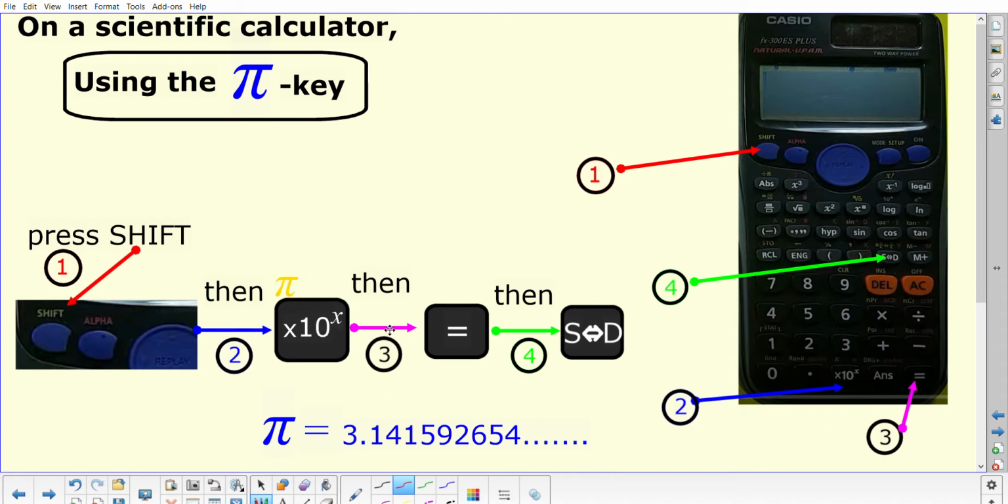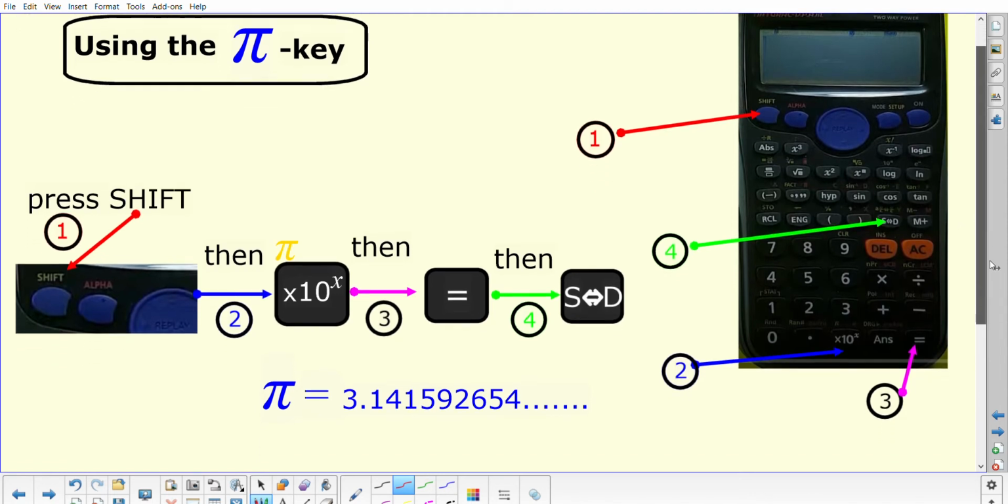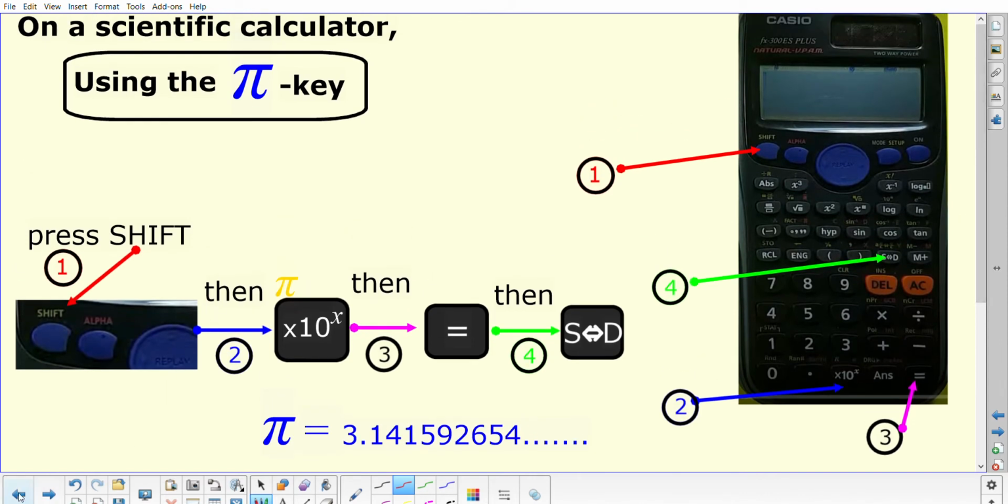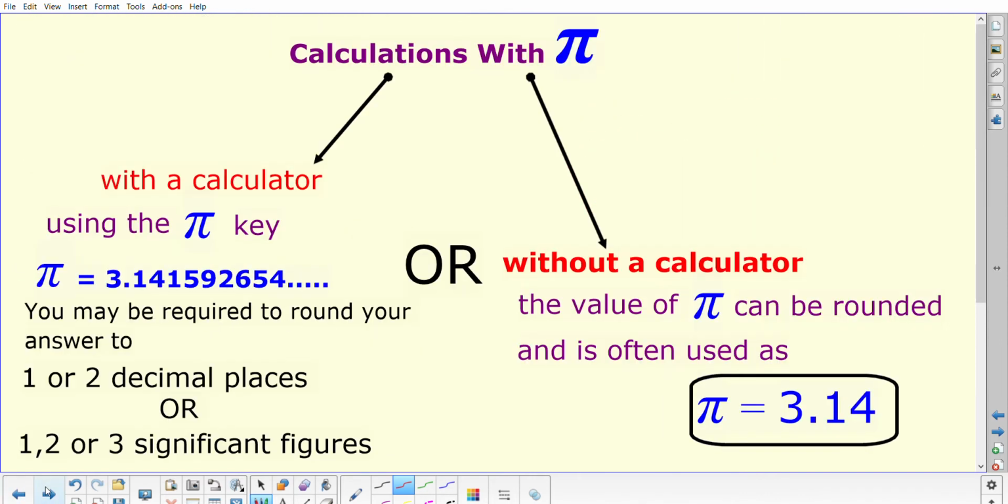If you press the shift key, then press that times 10 to the x key, then the equals, you'll see the pi symbol appear in the display. To get the decimal value, you then need to press this SD button here, which is just above the delete button. So make sure you are familiar with that and that you know how to use the pi key, because that's going to be useful for doing your calculations.